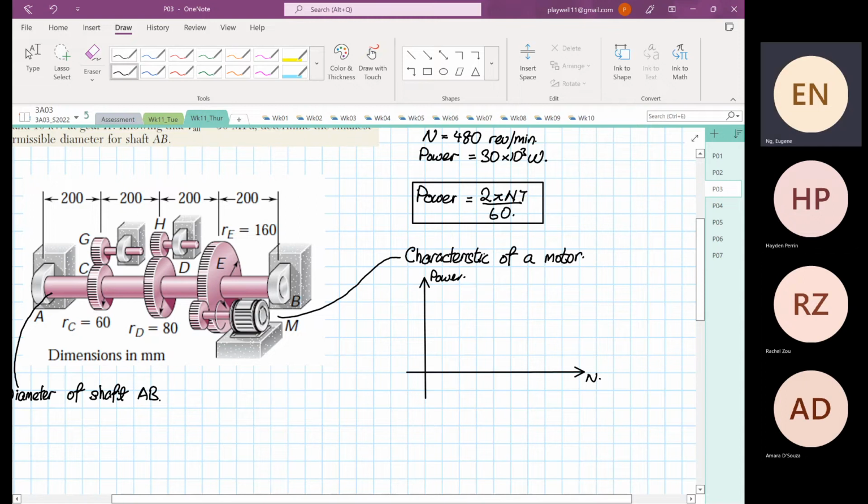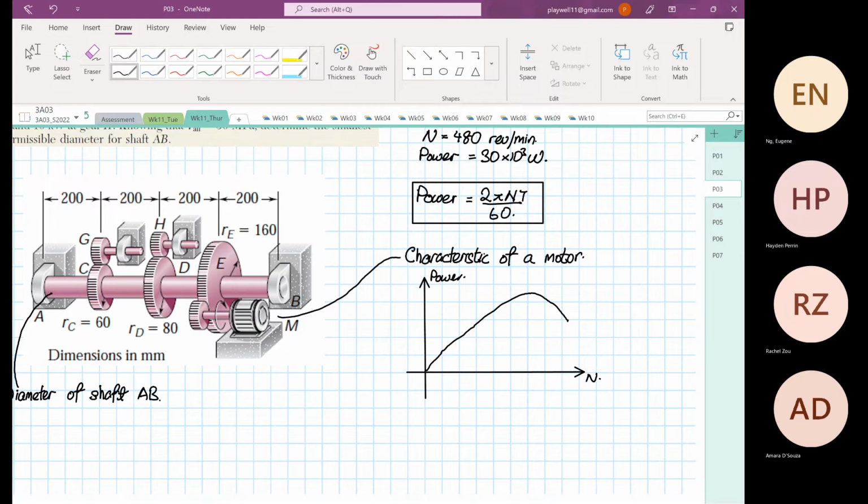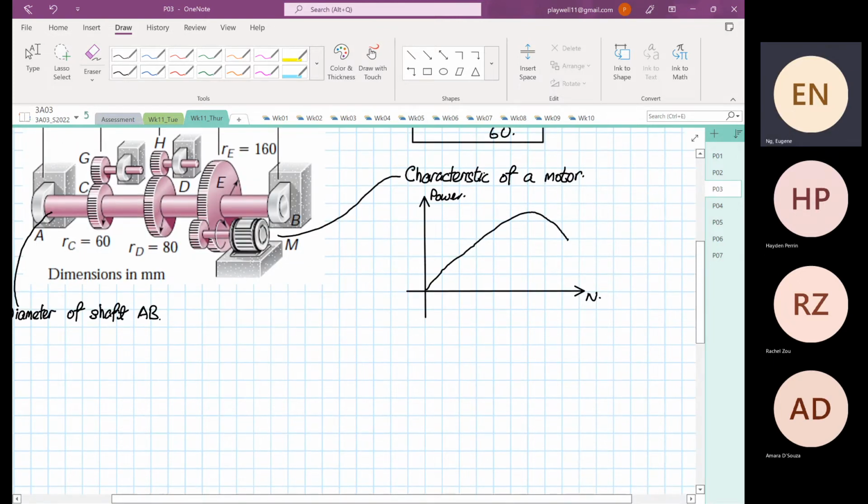So usually the higher the RPM, the greater the power, and you'll peak at a certain point and then you'll drop. Okay, so this is what you usually see.